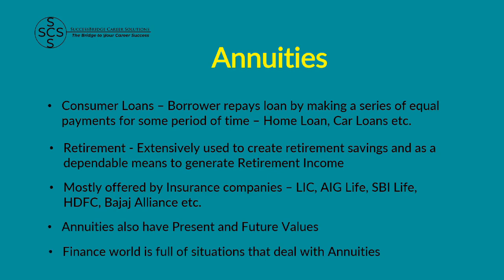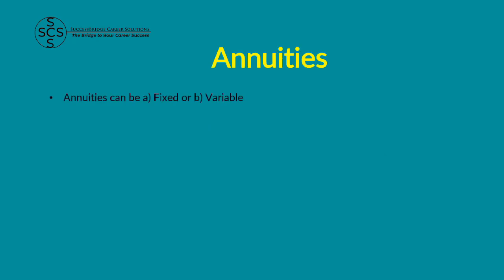So very briefly, let's look at different types of annuities. Of course, one can have a full course on annuities, but here, just for the sake of this financial mathematics webinar, I am going to mention them very briefly, from a 1,000 feet perspective. Annuities can be either fixed or variable.